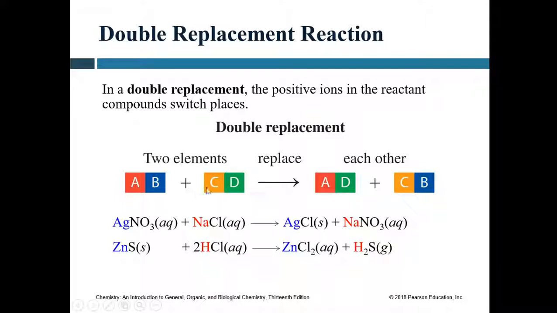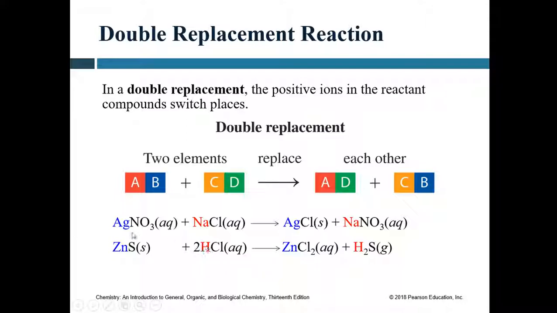Because C is the positive side, so it always goes first. So A goes in, kicks out C, A hooks up with D, and C hooks up with B. It is being replaced, but two of them are doing the replacement.